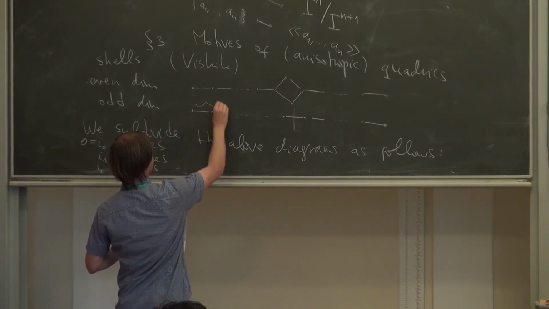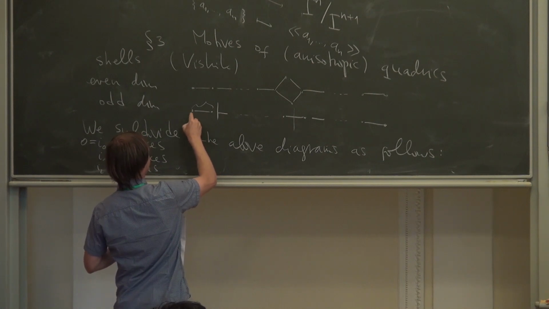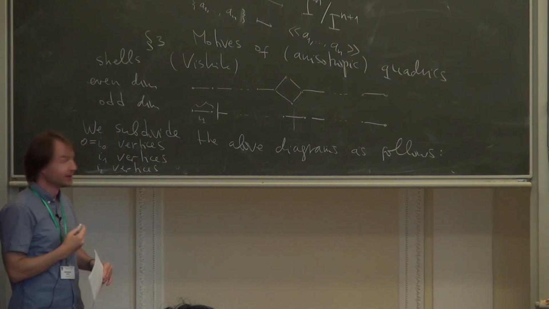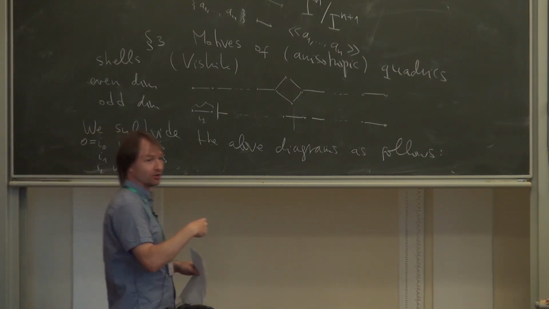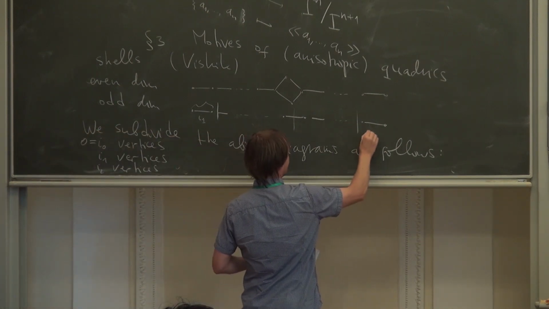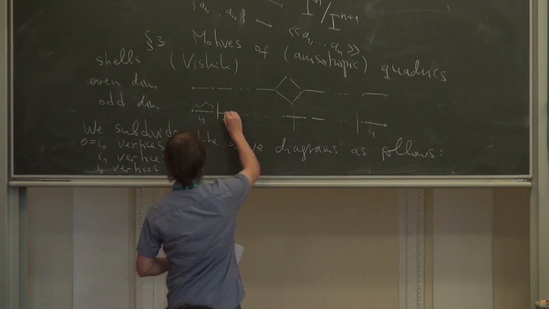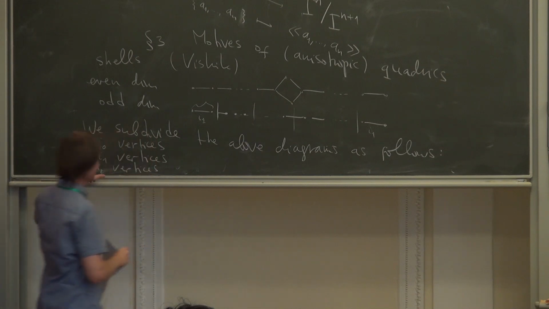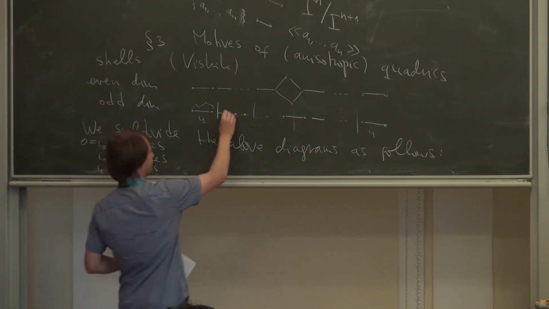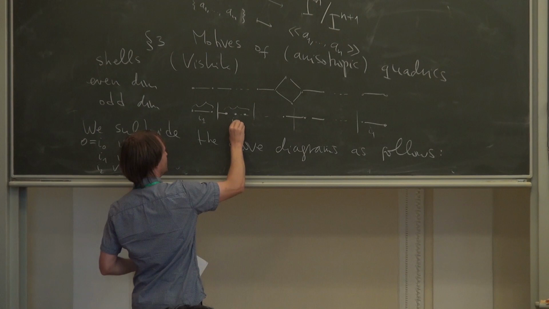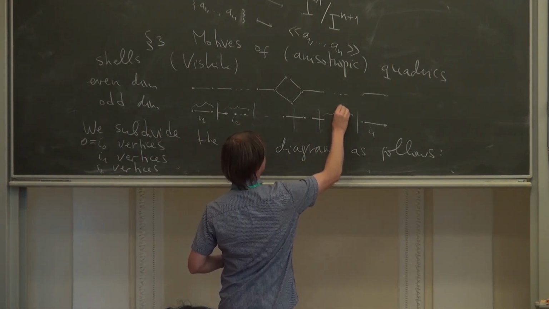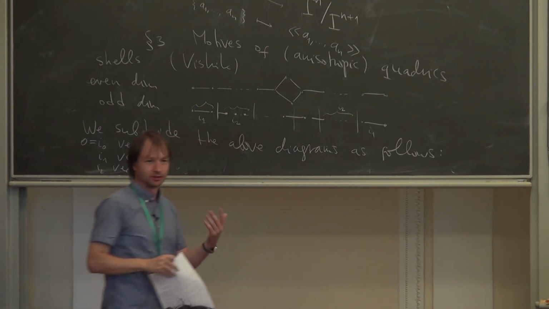For instance, like this. So i1 vertices, in this picture, 2. Let's do the same on the right, symmetrically. Then there are vertices here, so let's count i2 of them, and do the same on the right. If i2 is 1, it's 1.